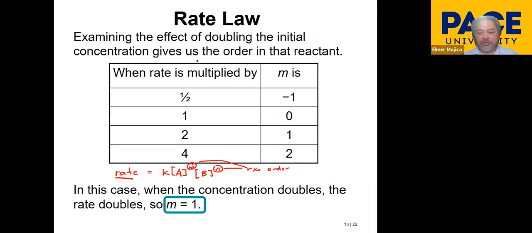So you double the concentration, the rate becomes 1/2, so your m is equal to -1. You double the concentration, the rate remains the same, the reaction order is 0. You double the concentration, the rate doubles, your reaction order is first order. You double the concentration, the rate is 4 times, then your reaction order is second order.